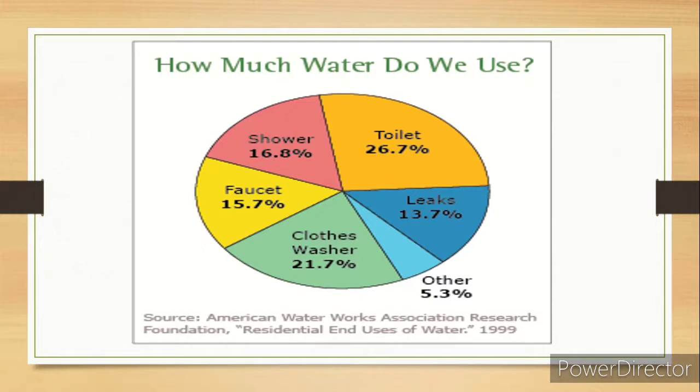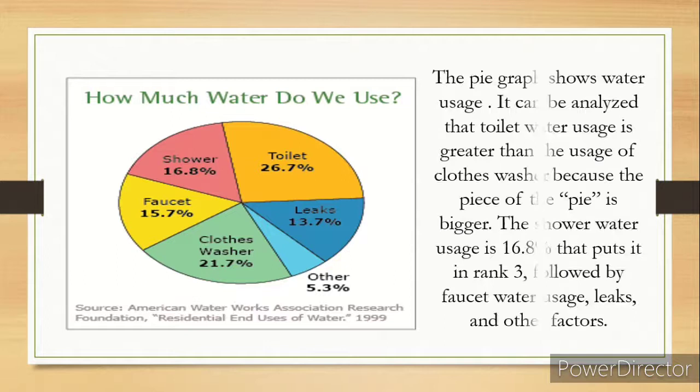Alright, let us try to interpret and transcode this pie graph. The pie graph shows water usage. It can be analyzed that toilet water usage is greater than the usage of clothes washer because the pie is bigger.